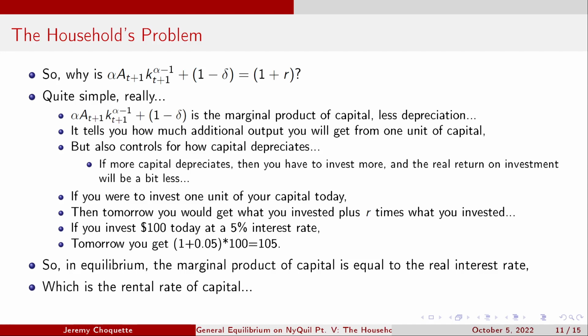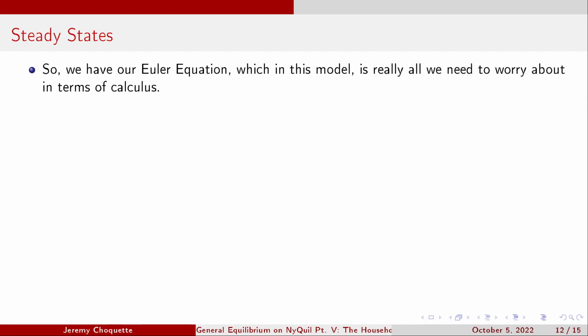The real interest rate is the rental rate of capital. So you see, I didn't lie to you. It's just another way of writing it. But if you go through the formulation in this particular lecture, there's no R in there. There's capital, there's depreciation, but there's no real interest rate.